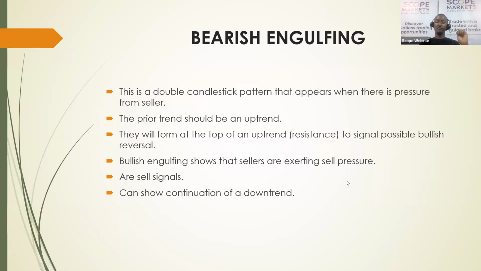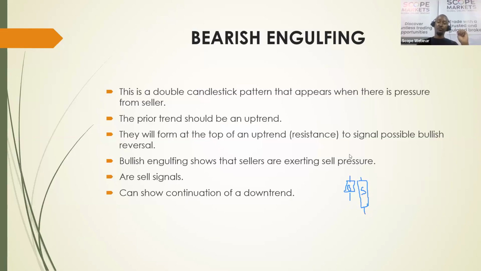We want to see the first candle being a buy candle. I'll write B there to signify a buy candle. Then the next candle should engulf the first candle, so it should be bigger than the first candle, and it must be a sell candlestick.